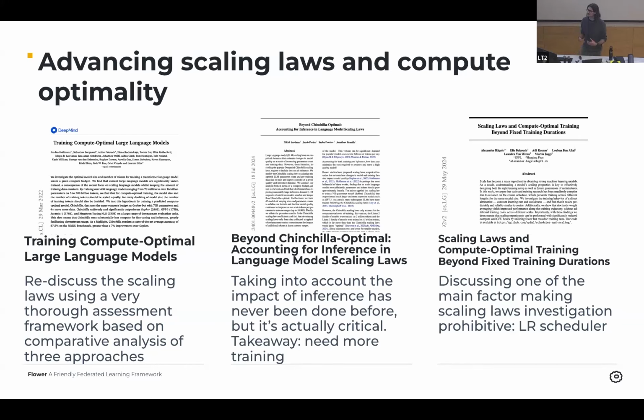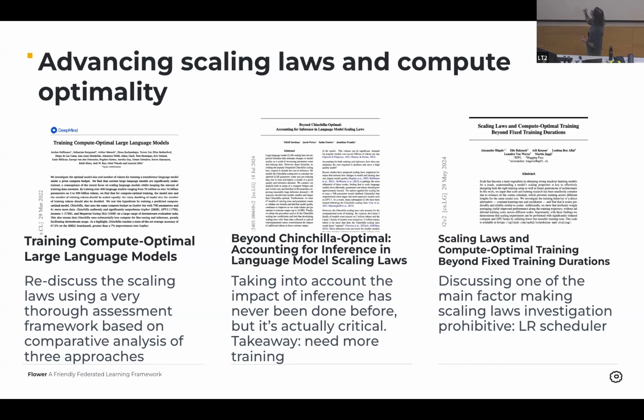Actually, the cost of inference is the predominant one in the life cycle of LLMs. So if we take this into account, in order to make our models profitable, we may need to train them longer so that they reach a much better understanding of the language modeling, and they are much easier to use during inference.